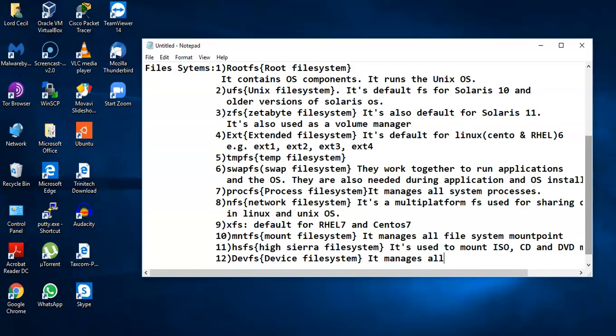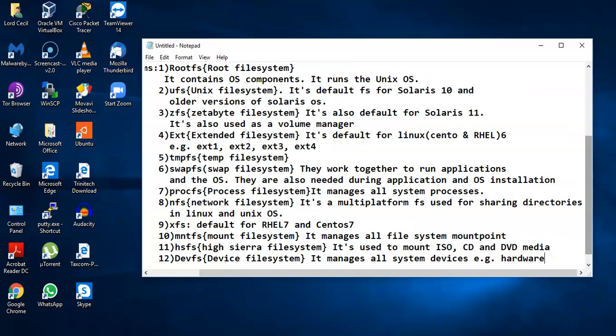This one manages all system devices, that is, hardware devices.